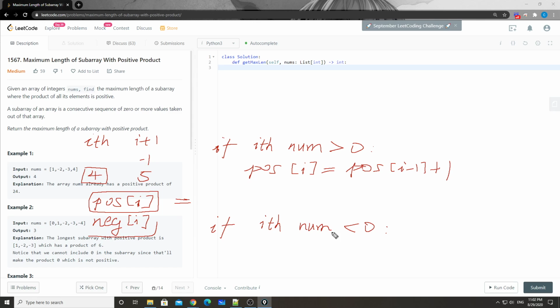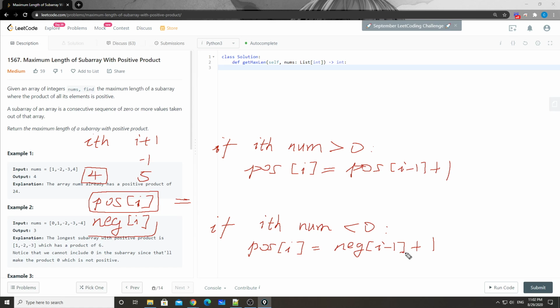If the current number is negative, what's going to be the positive i? Positive i is going to be something like negative i minus 1 plus 1.